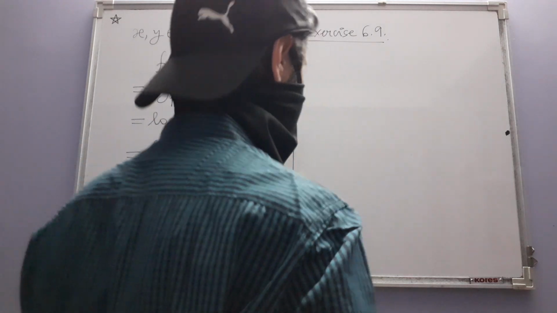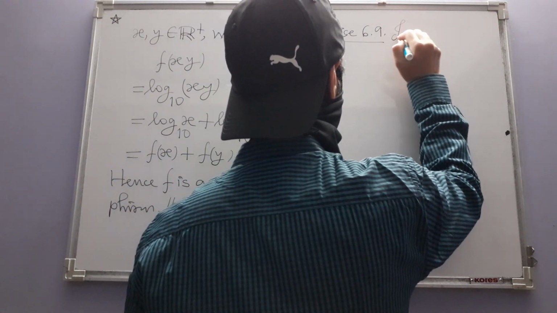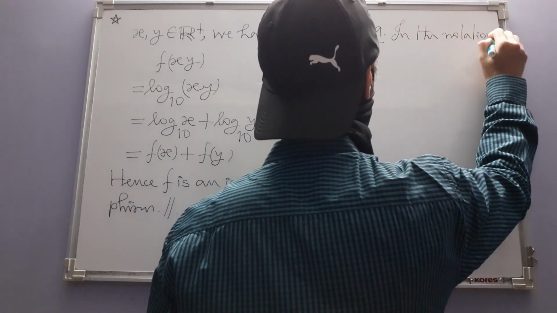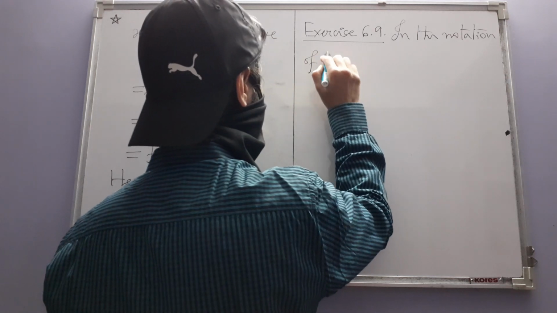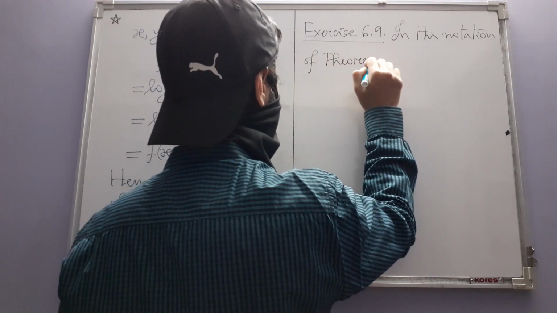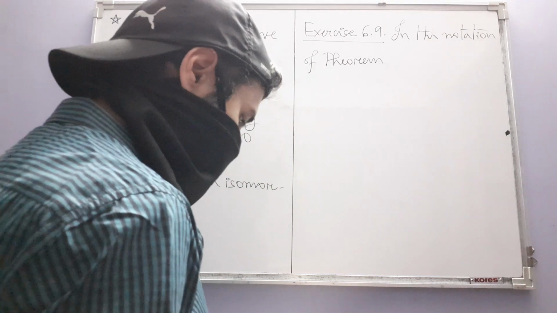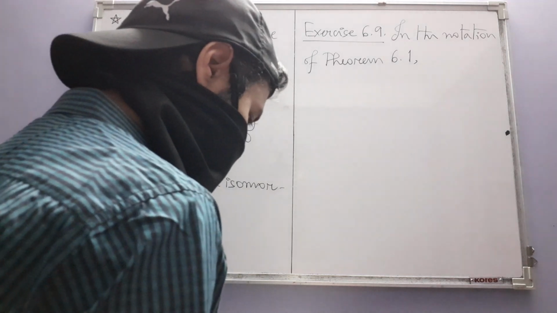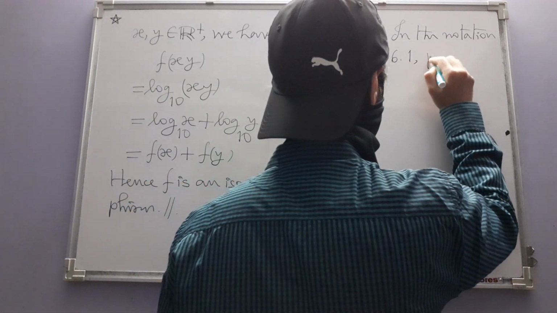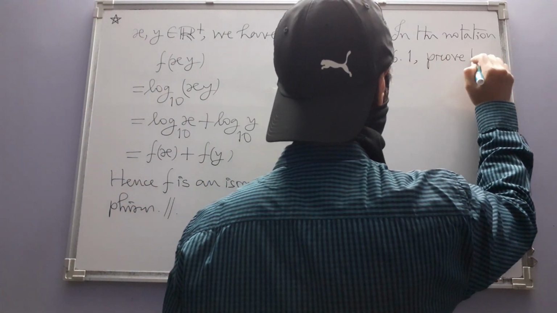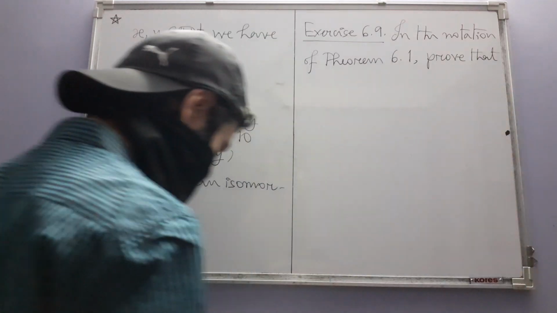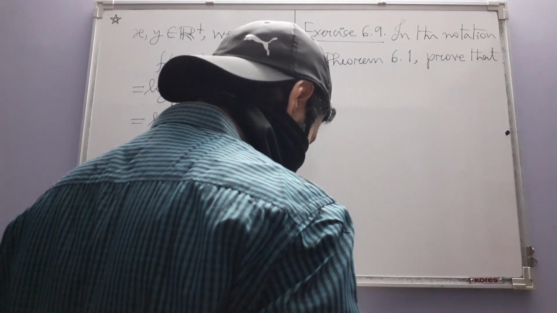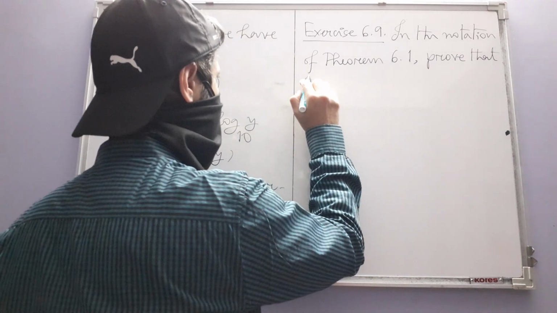Exercise 6-9. In the notation of Theorem 6.1, prove that T_E is the identity and T_G inverse is T_{G inverse}.